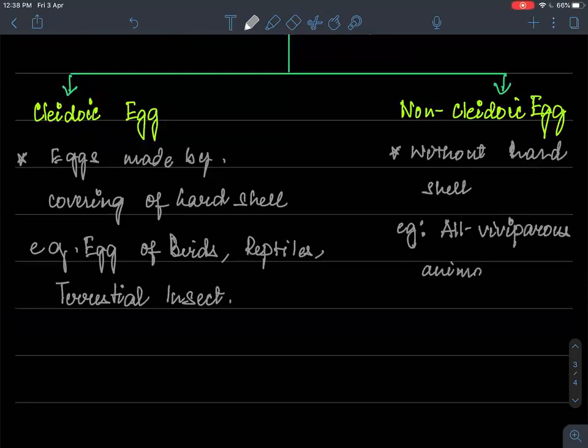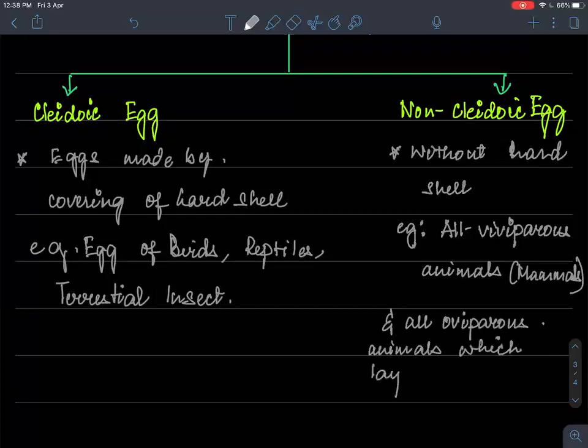Whoever is giving live birth will have non-cleidoic kinds of eggs, and all oviparous, egg-laying animals which lay eggs in water.